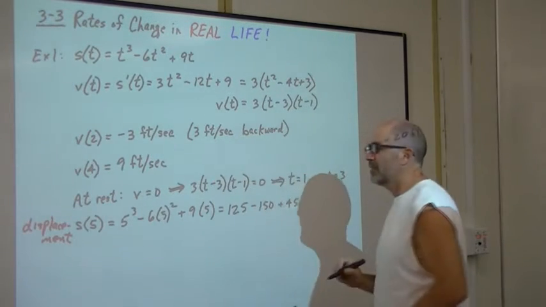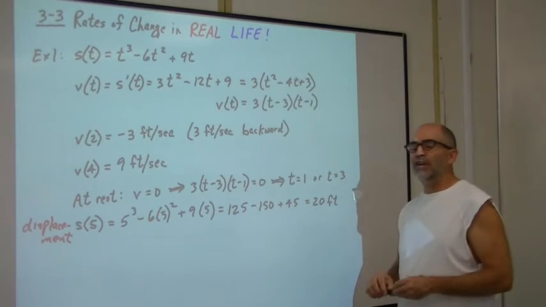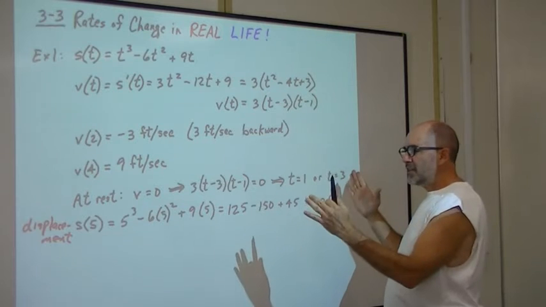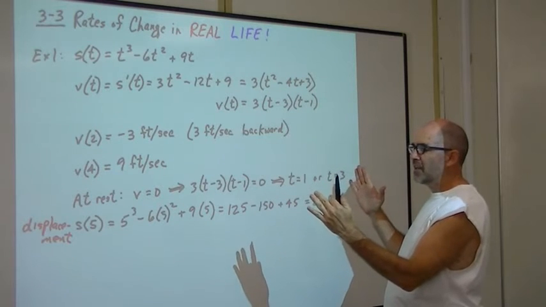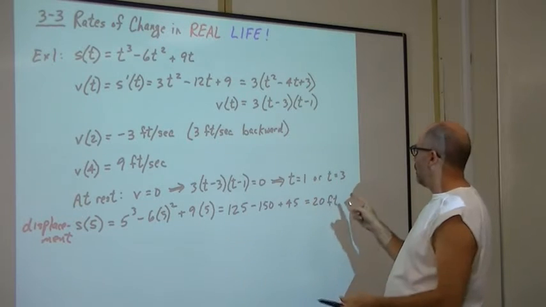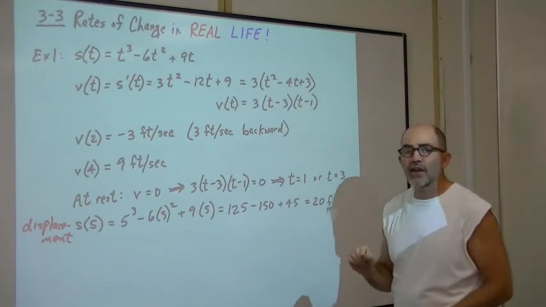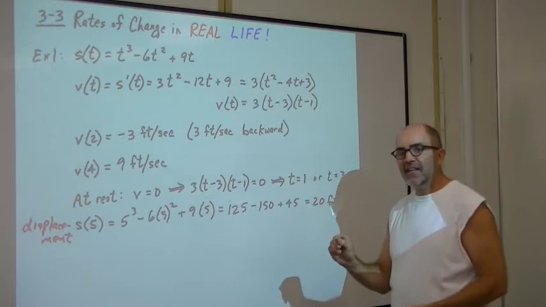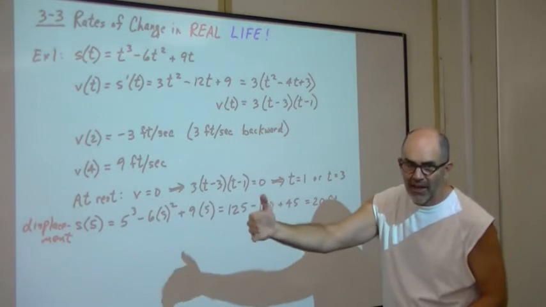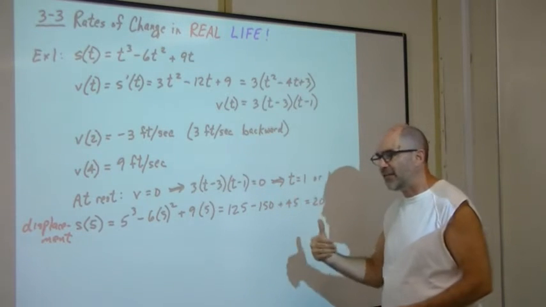Displacement is 20 feet. So that means if it goes forward, then backward, then forward again, and it stops at 5 seconds, then the total displacement was 20 feet. That's not the distance though, because distance counts forward, and then it counts backward, adds that up, and then counts forward again, adds that up.